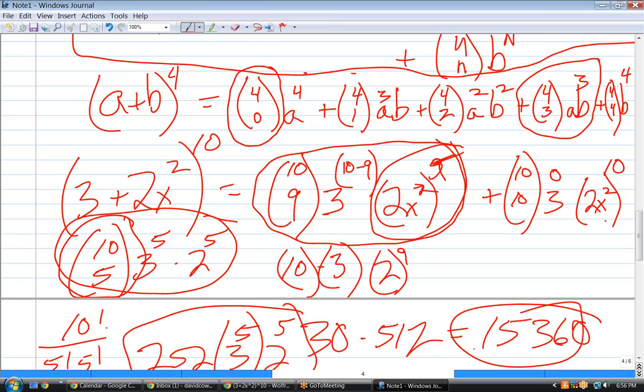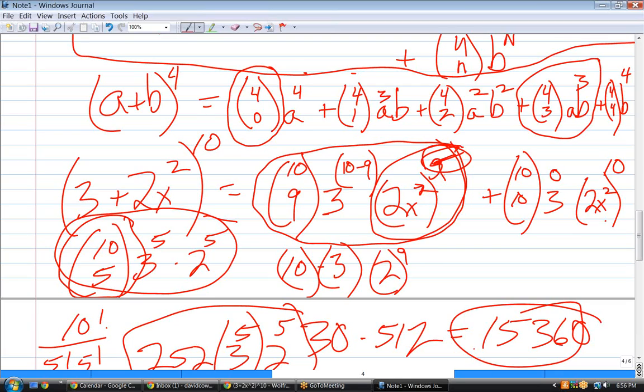They mean the coefficient of the x to the 10th power, and that's going to come when r is 5, because it's going to be 2x squared to the 5th, which gives you x to the 10th. So that's what's going on. Now I get it. Okay. I'm completely cleared up now, and I was a little in the dark too.